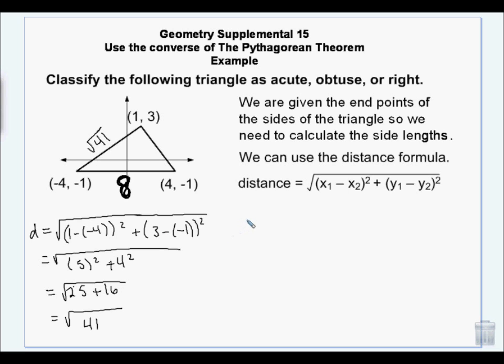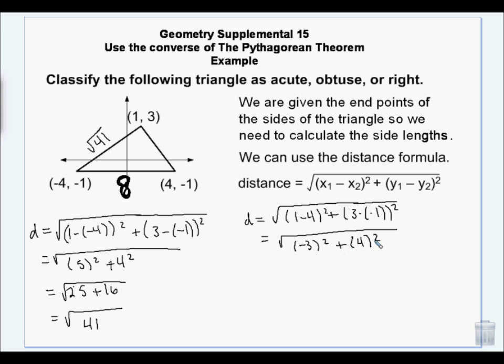And then I find the distance between these other points. So I do 1 minus 4 squared plus 3 minus -1 squared. So I get -3 squared plus 4 squared.